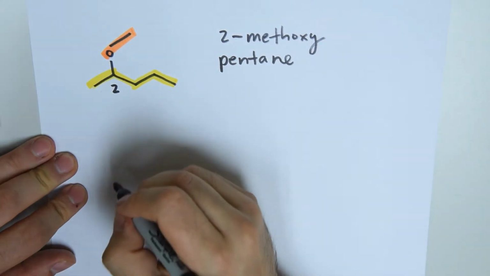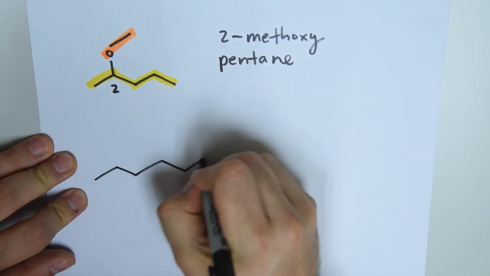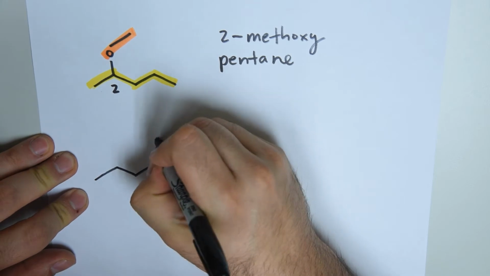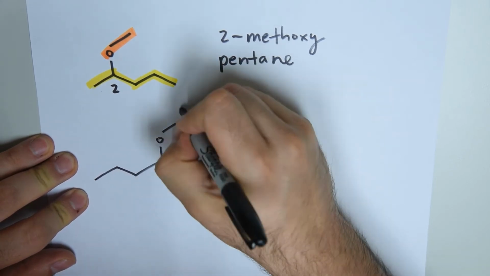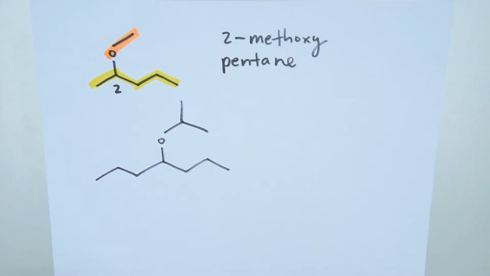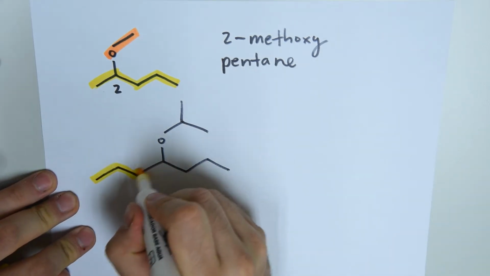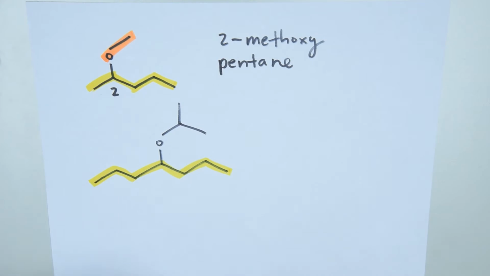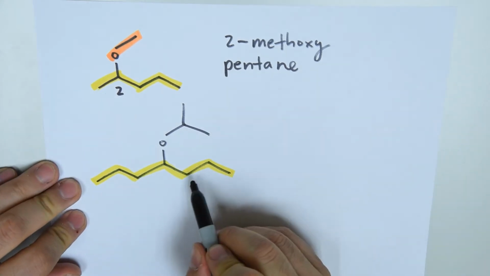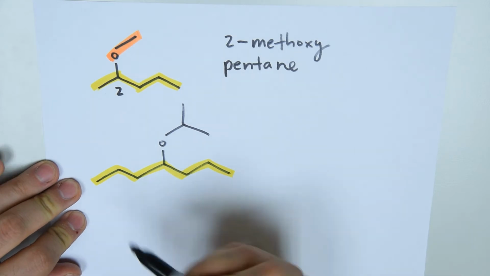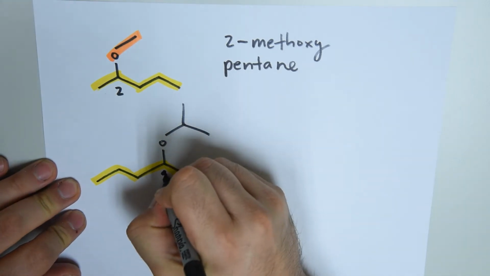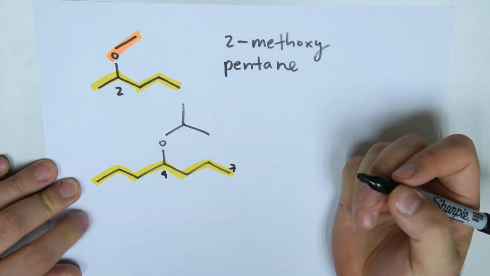Let's try another example. My longest chain, it's pretty obvious in this example as well, is 7 carbons long. I want to assign the lowest numbers. So I begin, let's see, 1, 2, 3, 4, 1, 2, 3, 4. It doesn't matter on what side of the chain I begin. I write a 7 to remember that it's 7.